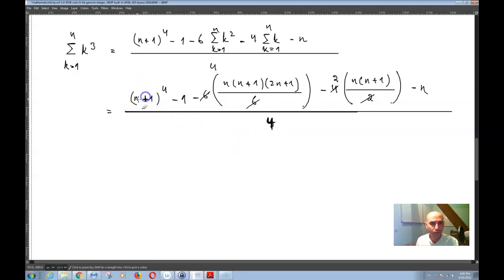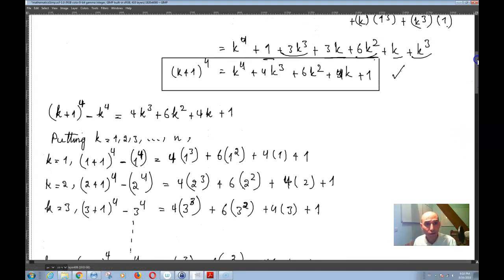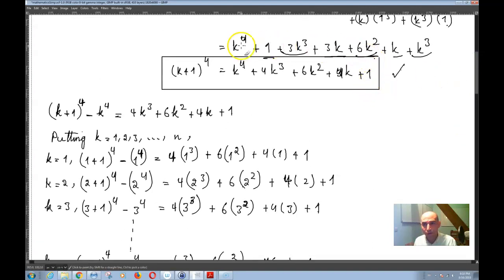So I can write (n plus 1) raised to the power 4 is the same thing as what we started with. So this is basically what you can use in order to simplify that thing.